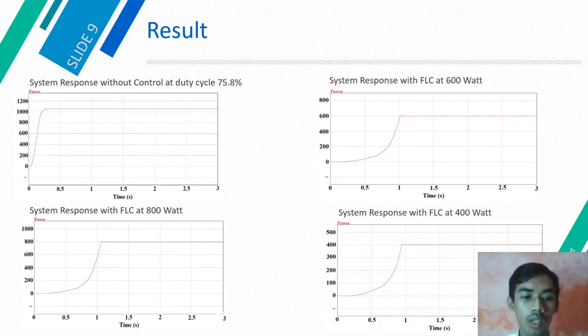And the fourth one shows the system response using controls. The set point used is 400 watt, and it can be seen that FLC can stabilize the power at a value of 400 watt. The percentage of accuracy with set point 400 watt is 99.25%.